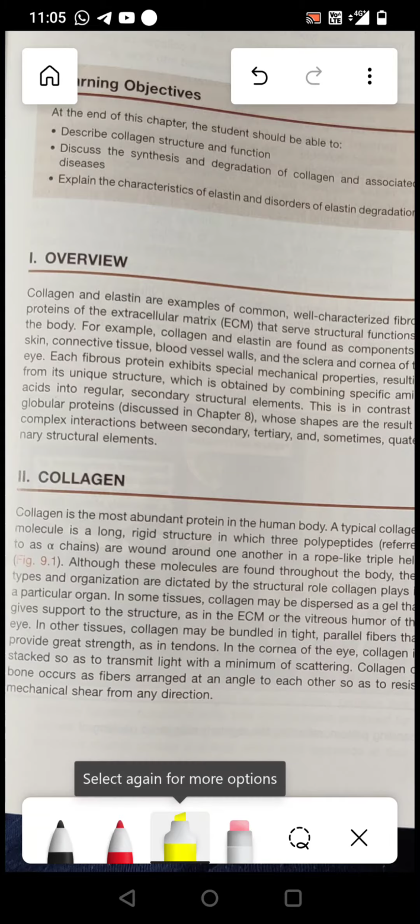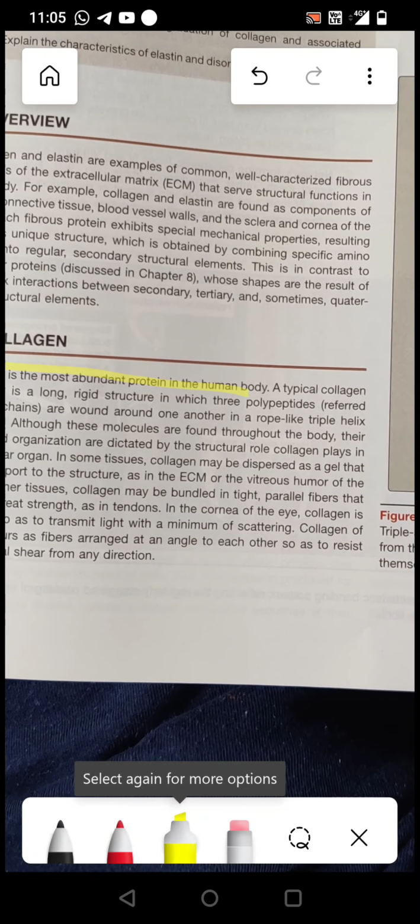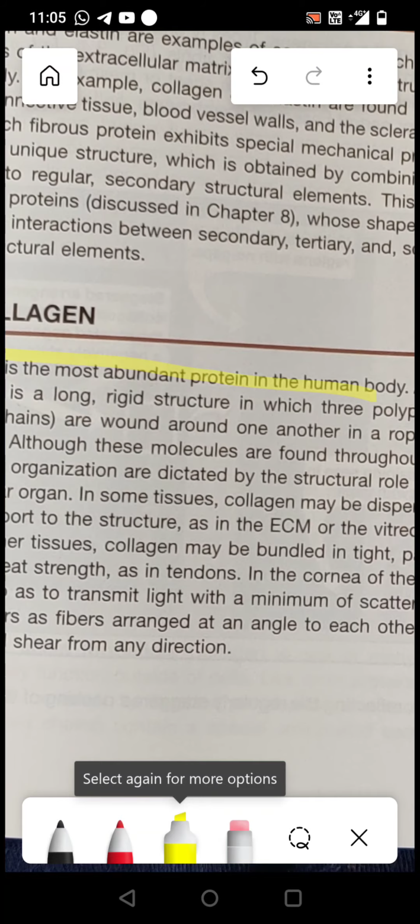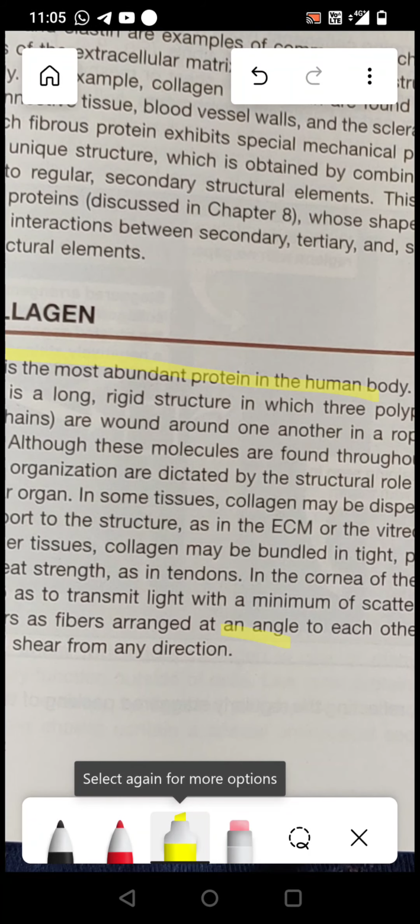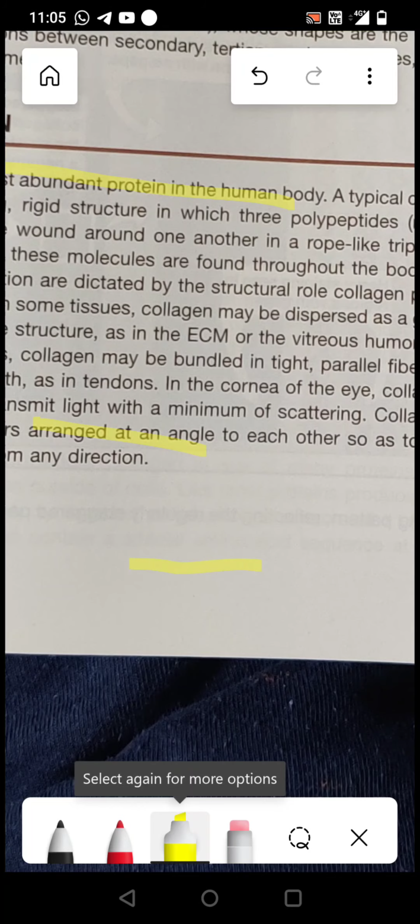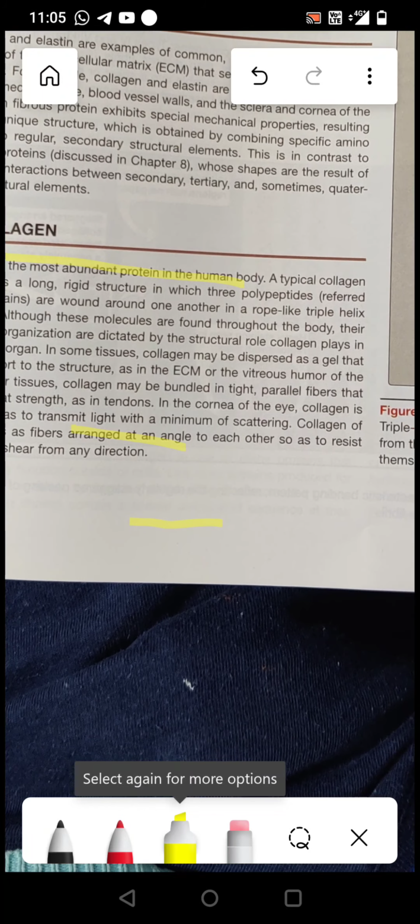You all know that collagen is the most abundant protein in the human body. It's typically a long, rigid structure in which three polypeptide chains are arranged.